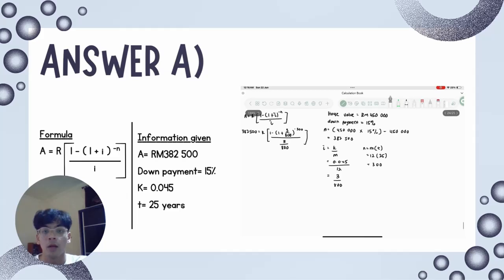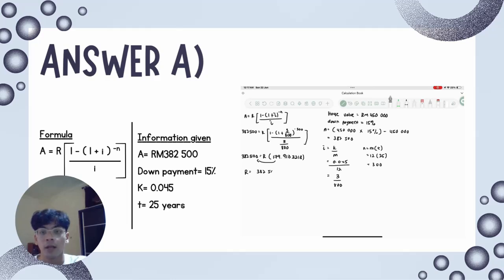Now calculate the bracket value first. So 382,500 equal to R times 179.9103218.